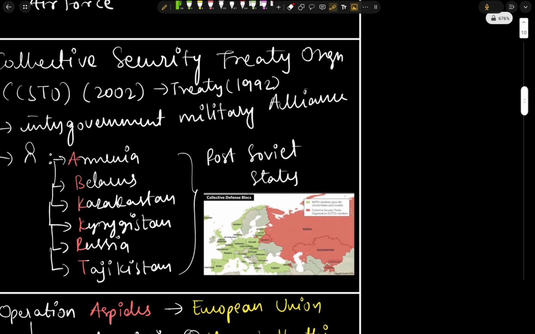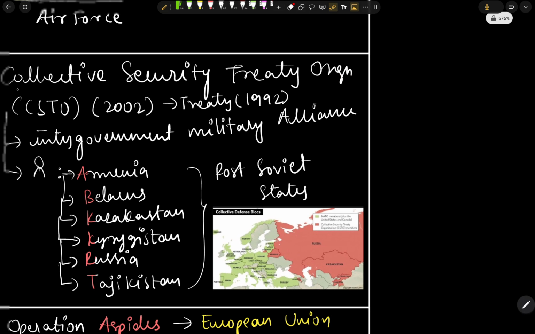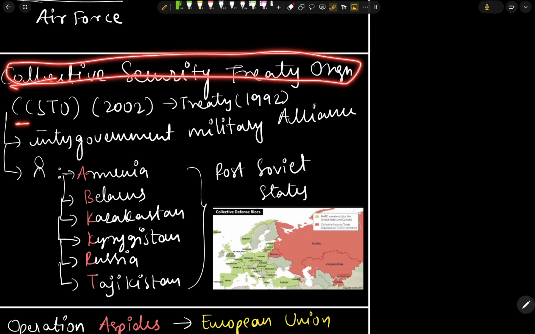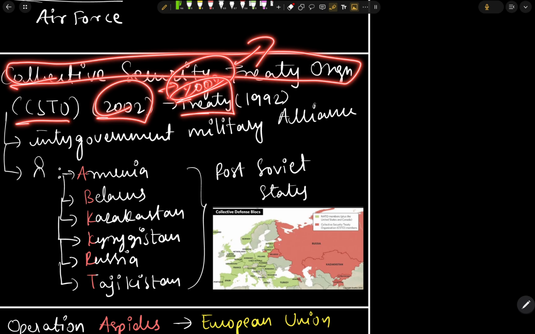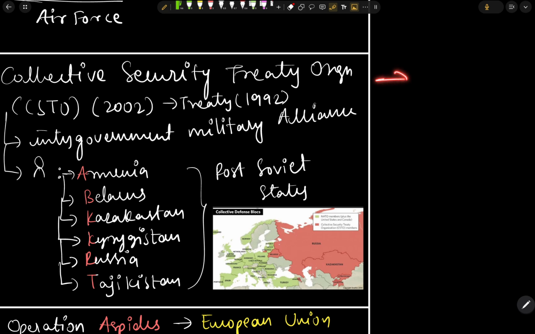Basically we have an organization called the Collective Security Treaty Organization, which was founded in 2002, and the treaty was signed in 1992. So to establish the organization it took 10 years.